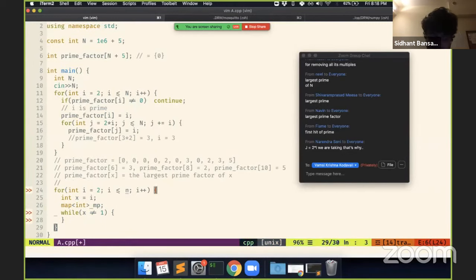I'm hoping everyone is comfortable with maps by now. Mx. Let's see, what should we do? What should we do? M prime factor of x, and x divided by equal to prime factor of.